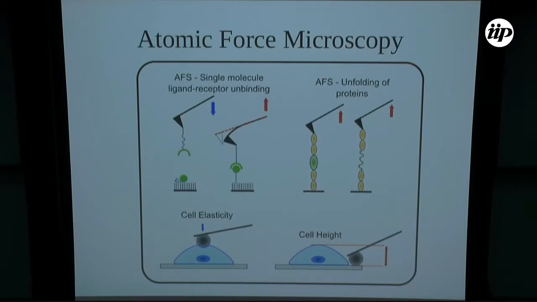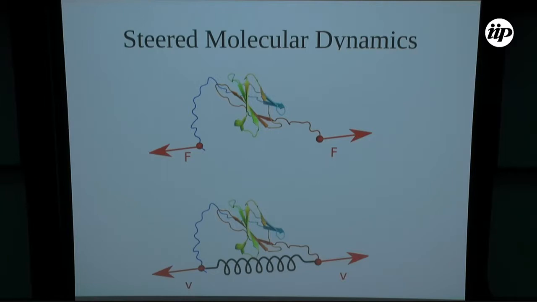So let me go a little bit to atomic force microscopy. It's an experimental technique from which we can get a lot. So we can get the binding energy of ligand and molecule, we can get the energy profiles, we can get cell elasticity, and many, many more. And there's steered molecular dynamics.